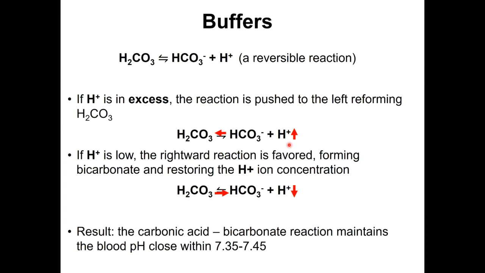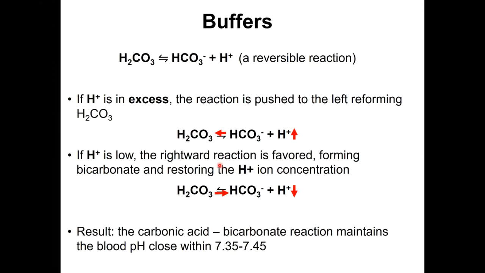But if you have this buffer here, all these excess protons that are introduced can bind to the weak base, bicarbonate, which by binding a proton converts into the acid form, carbonic acid. So the amount of bicarbonate will go down and carbonic acid will go up, but ultimately the concentration of protons would have been kept the same, because all the excess protons would have been removed by this conversion into carbonic acid.